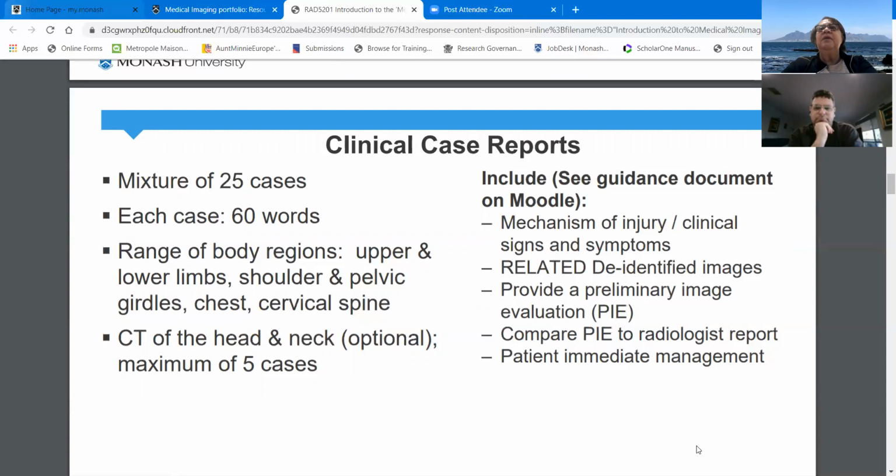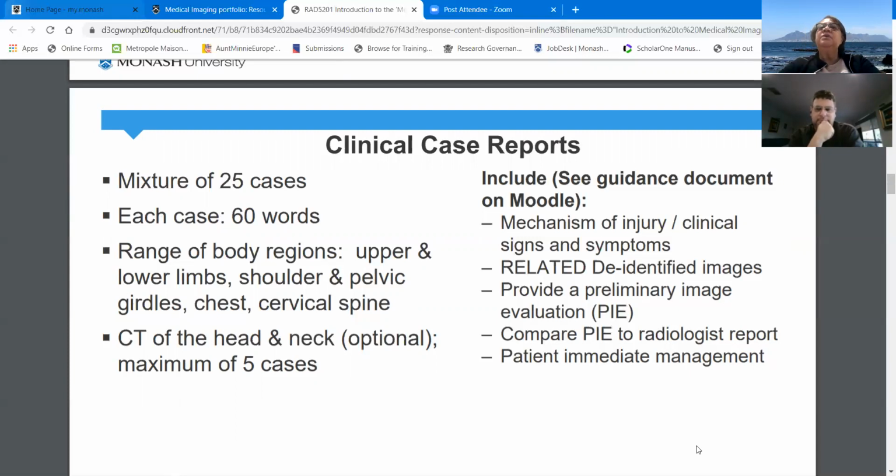When you write up the document, what we are looking for in each case is a description of the mechanism of injury. You should have 1 or 2 de-identified images, and then the report that radiographers normally produce, called a preliminary image evaluation, a PIE. Through the unit, you will learn how to produce the PIE.